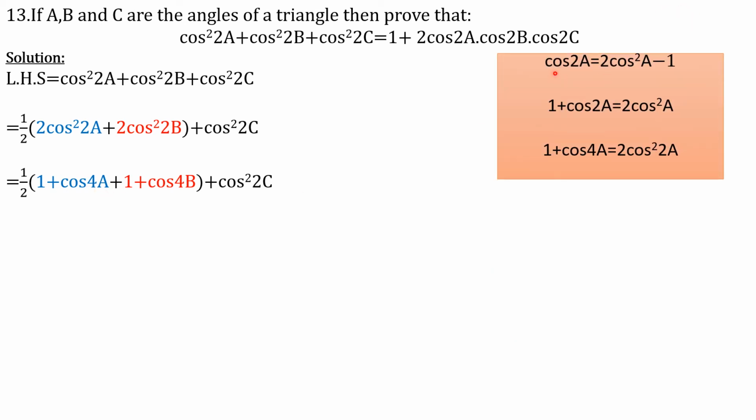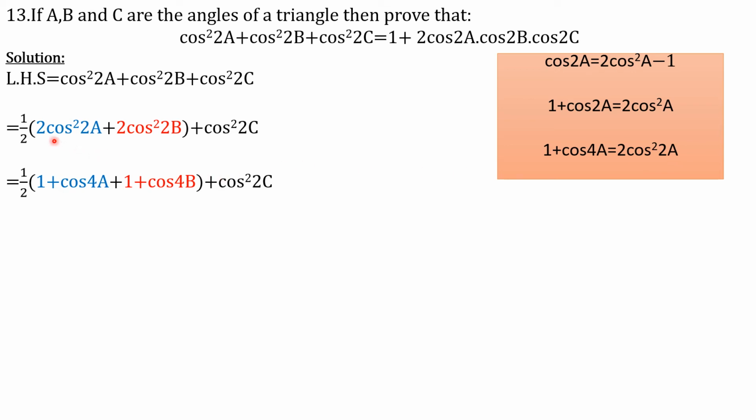Because we have learned that cos 2A is equal to 2 cos square A minus 1, and we can write this as 1 plus cos 2A is equal to 2 cos square A. So here is 2A and half of 2A is A. So instead of 2A, if we have 4A, then half of 4A is 2A. So 1 plus cos 4A is 2 cos square 2A.